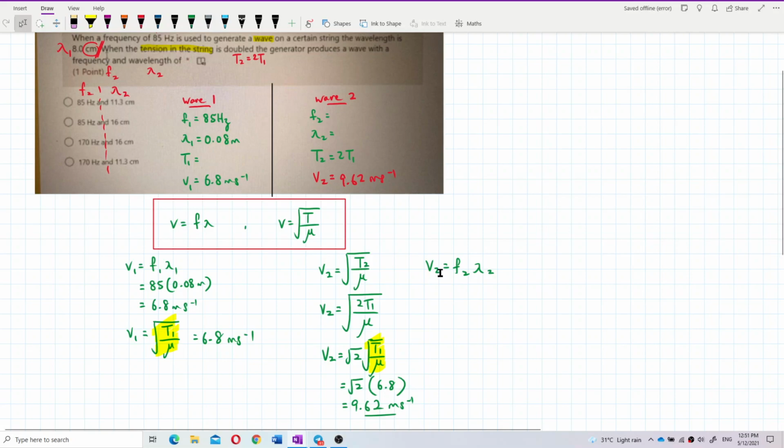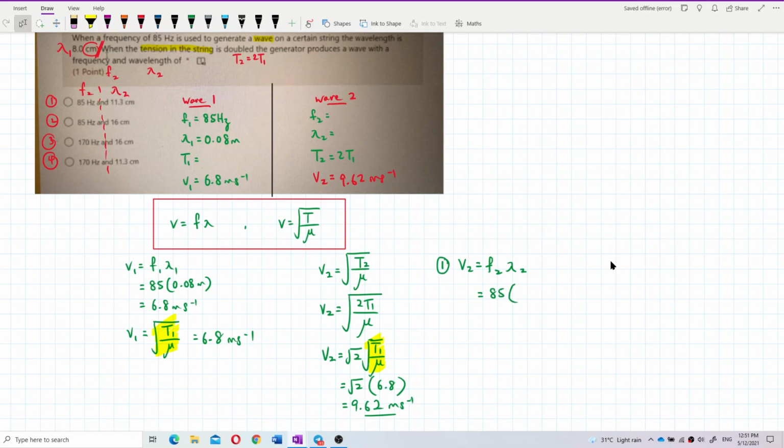Okay, let's try the first one. We have four answers to try: 1, 2, 3, 4. So that one is 85 hertz multiplied by, I need to divide by 100 because that is centimeter, I need to change to meter.